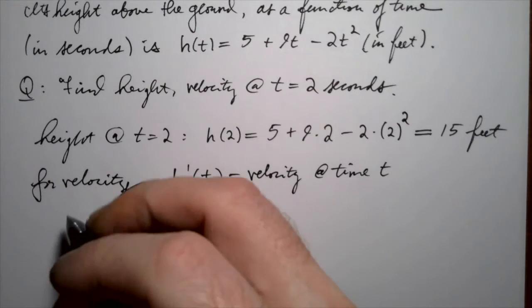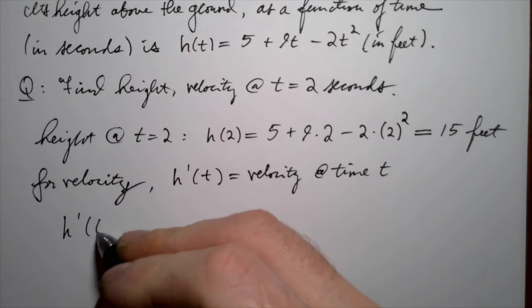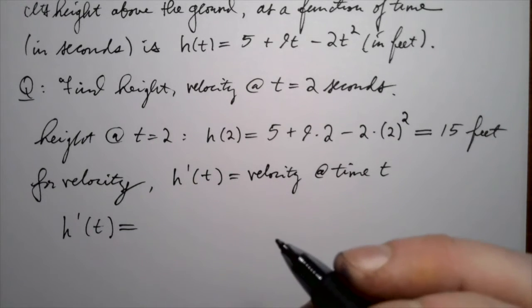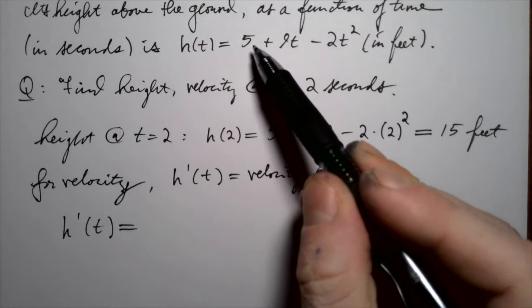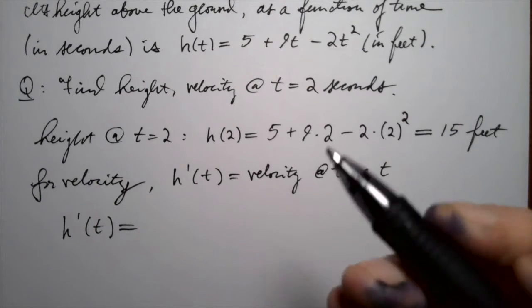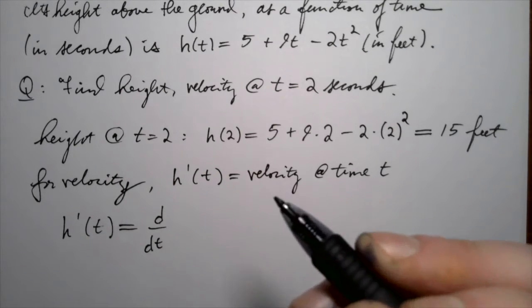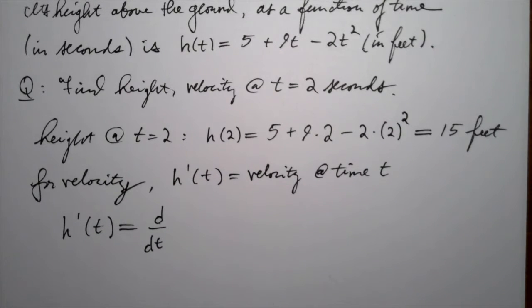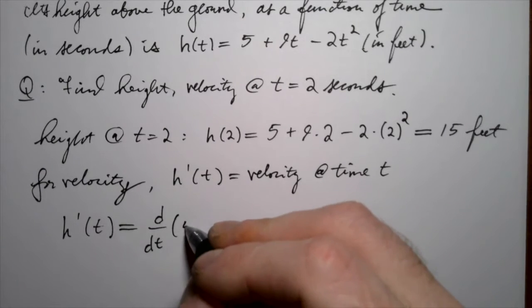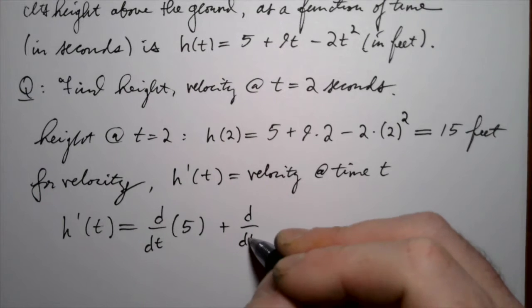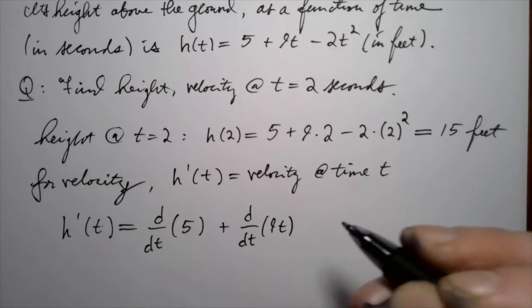And now, to compute this derivative, let's use these basic rules that we now have. So the function is 5 plus 9t minus 2t squared. So I'm going to write this in steps. Let's remember our d by dx notation. Here I'm going to use d by dt since we're taking the derivative with respect to the variable t.